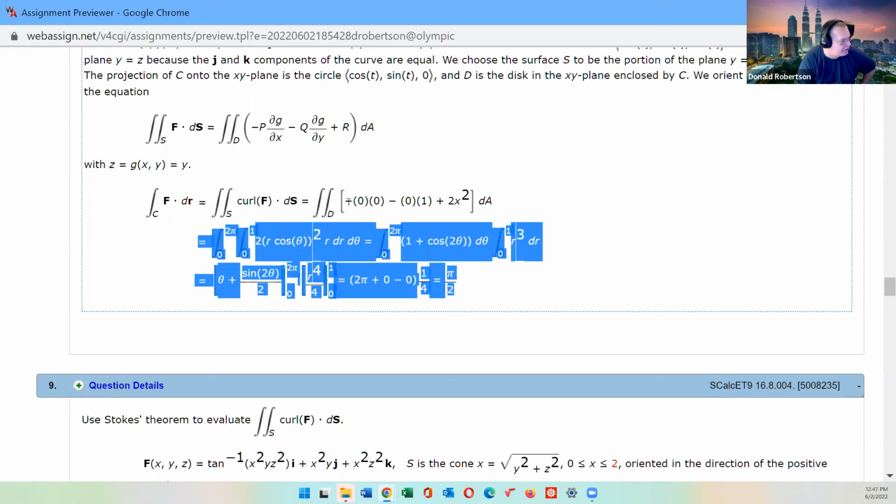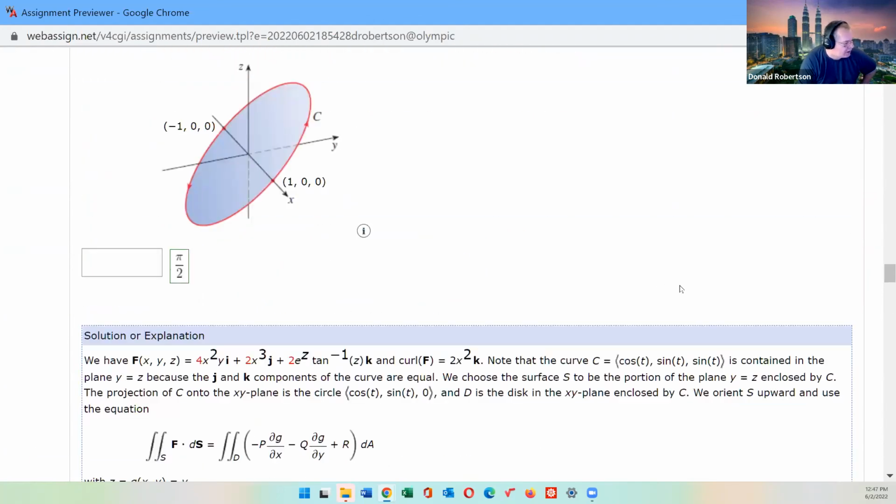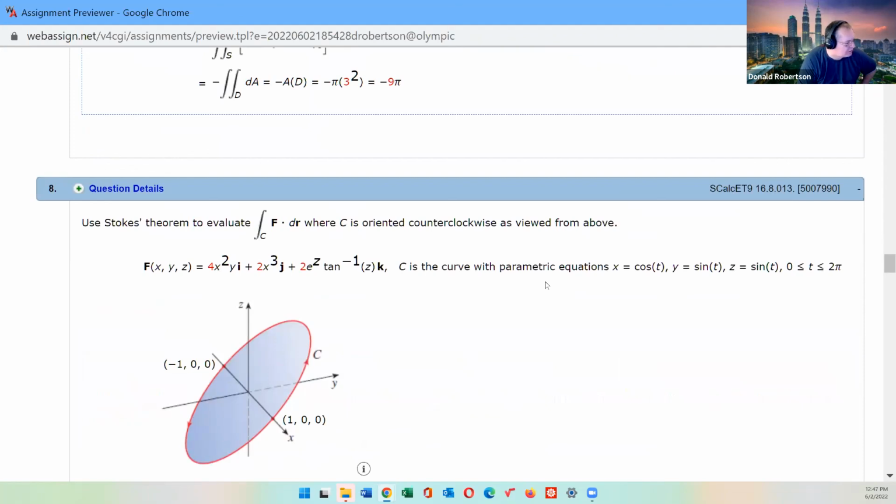But that there is your minus P dx minus Q dy, and that there is your Z. And where is our Z? Yeah. Okay, we are good to go.